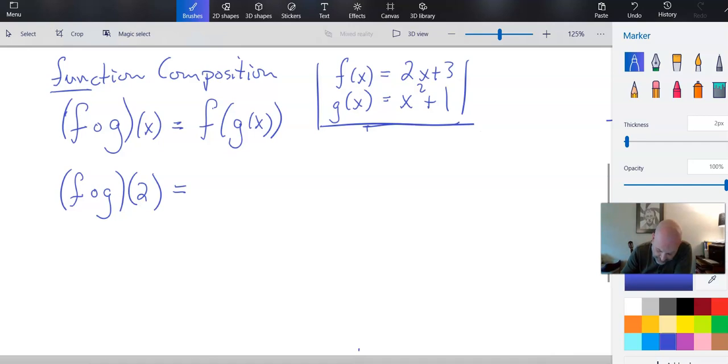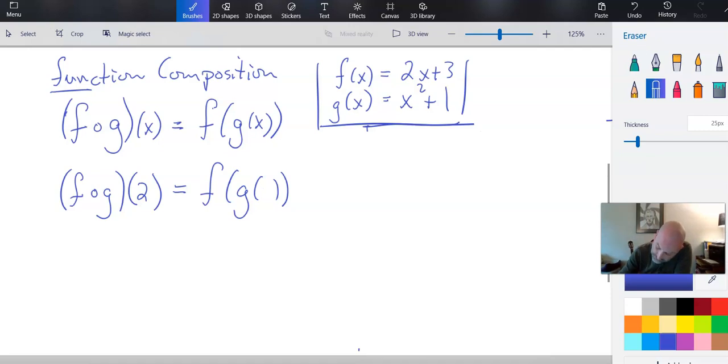So let's look at what that means. The definition here says we're going to be looking at f of g of x. Oh, excuse me, not x, 2. So we're sticking 2 into g, and then we're going to take that number and stick it into f.